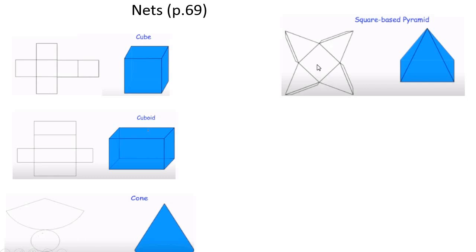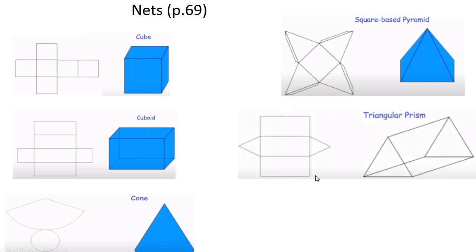Look at this net, it's made out of 3 rectangle faces, and I have 2 triangles.